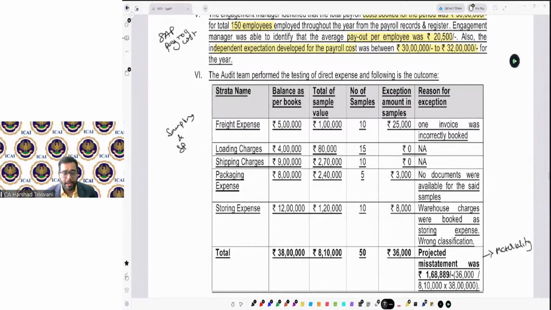If this is correct, then there is no issue. What do you think with respect to this projected misstatement?